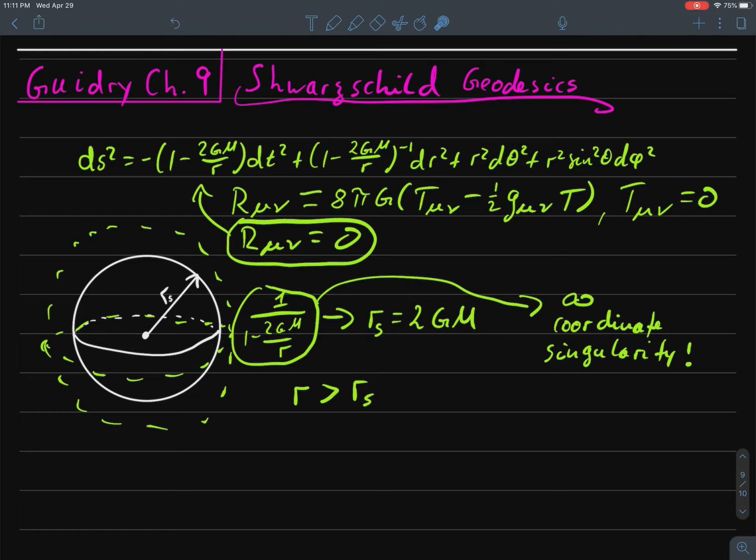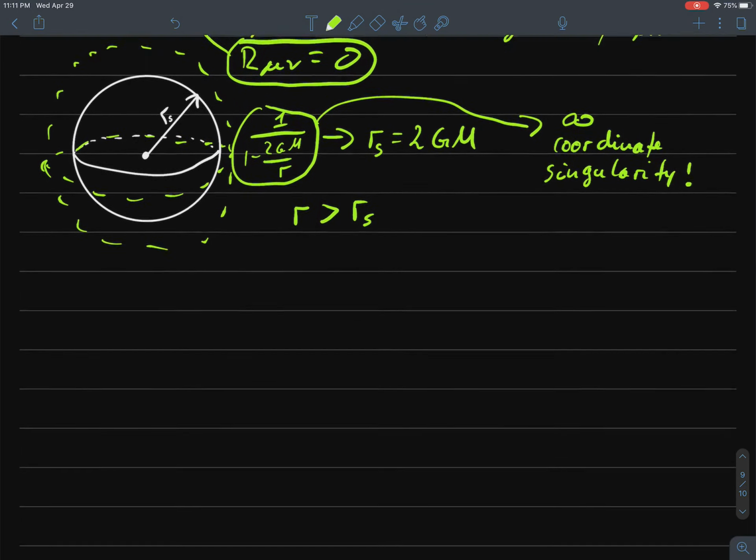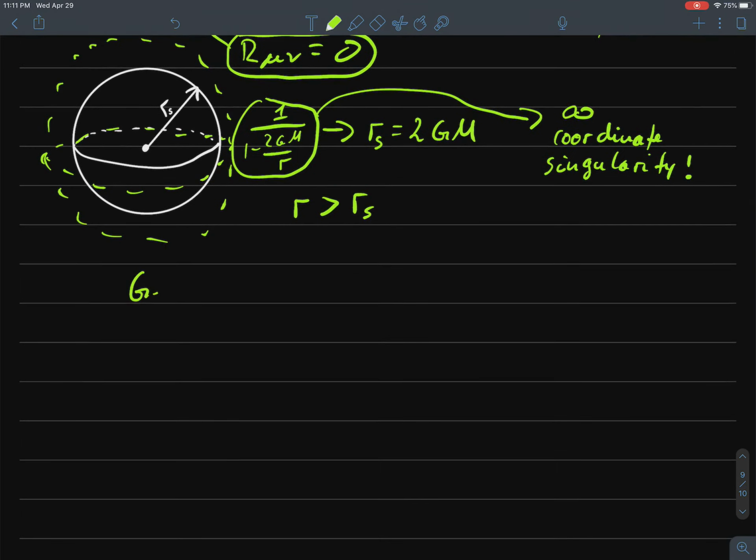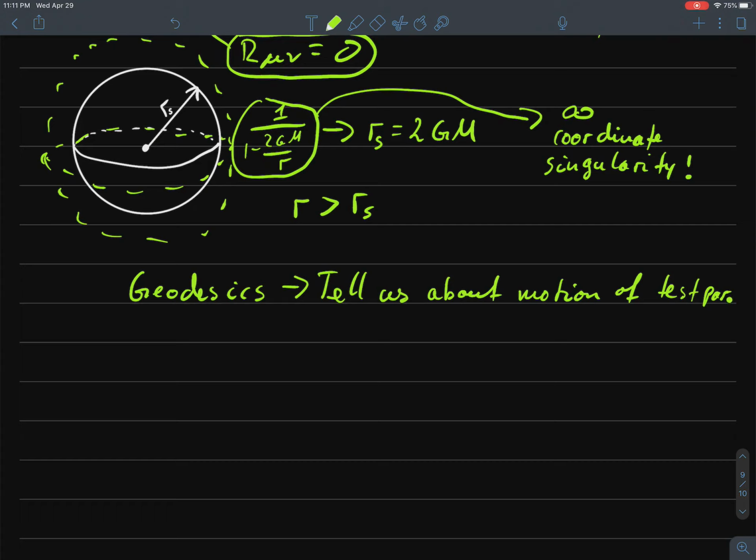So with that said, what we want to do is talk about the geodesics, because the geodesics, right, they tell us about motion of test particles. Now, what could be a test particle?